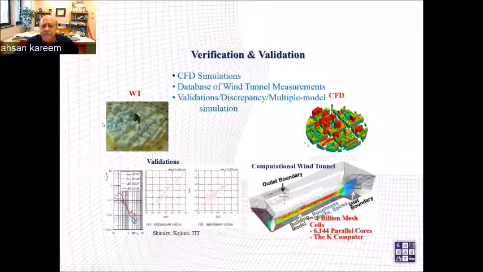They did a wind tunnel study of a cluster of buildings, and then a CFD model of the same, on their very famous Japanese supercomputer, the K computer, using 1 billion mesh points, or cells, and over 6,000 parallel cores. As you can see, the results make pretty good sense. The comparison is almost on the 45-degree line.